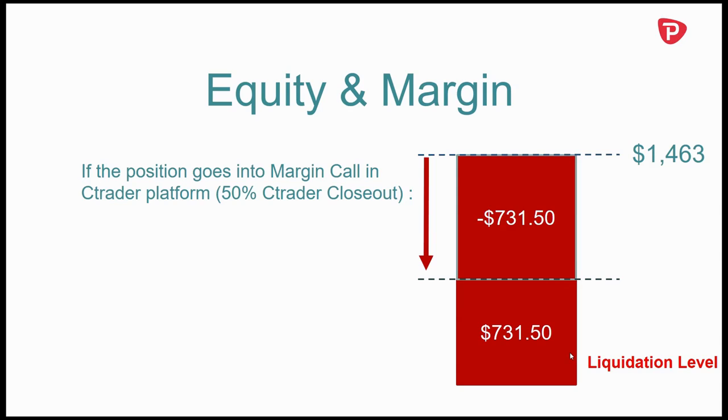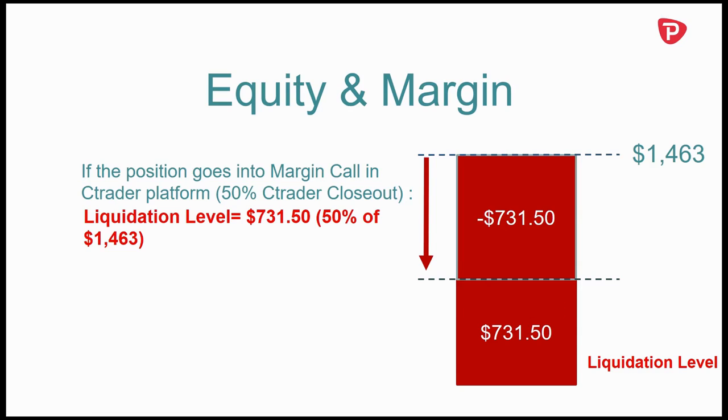So let's take a look at how this looks in the C-Trader platform. Here on the right-hand side, we have the $1,463, which represents the margin held. You can also see that this time, if the position goes a further $731.50 against us into our margin held, this will trigger the C-Trader closeout or liquidation level within our account.